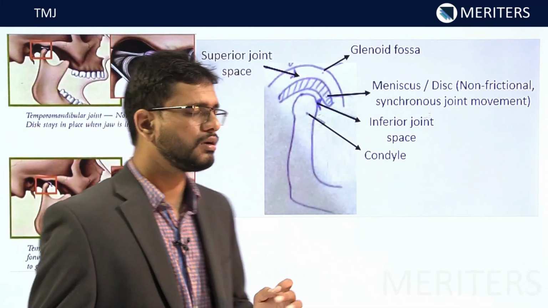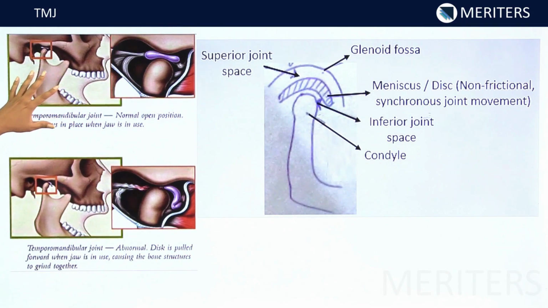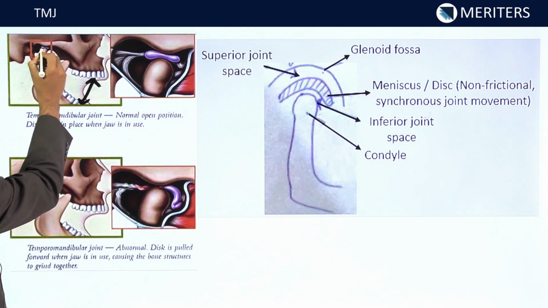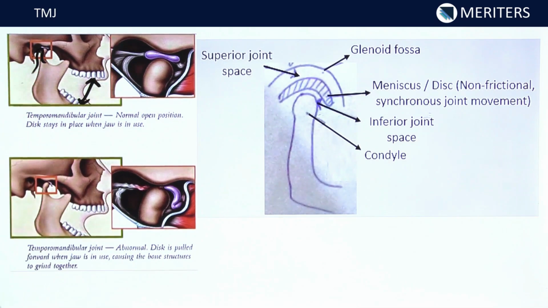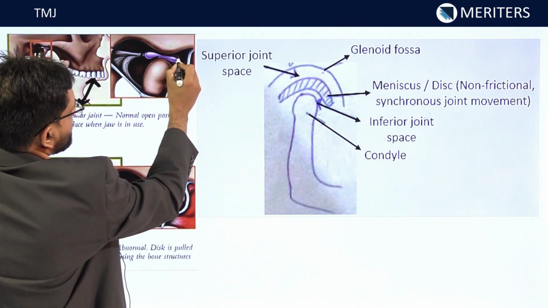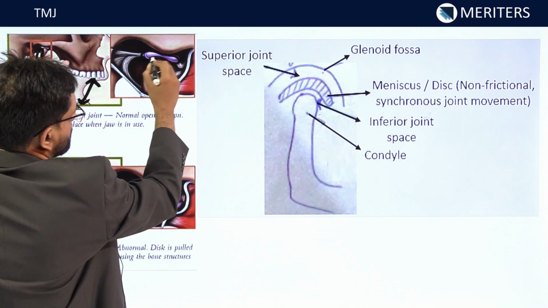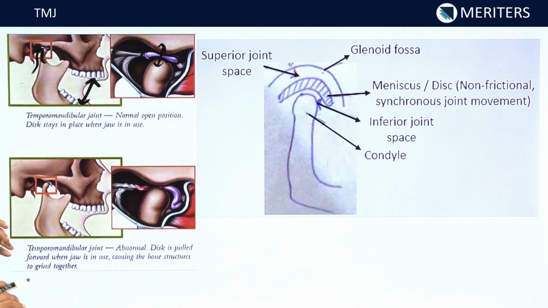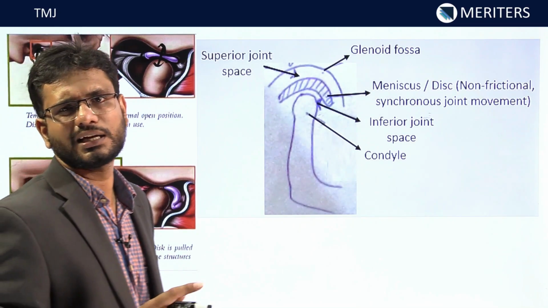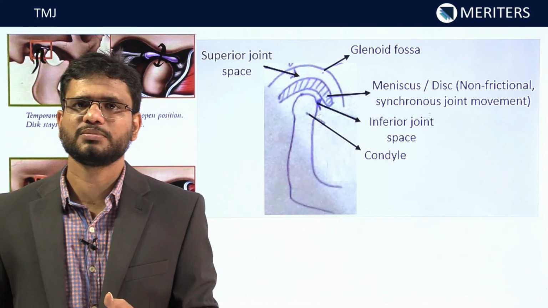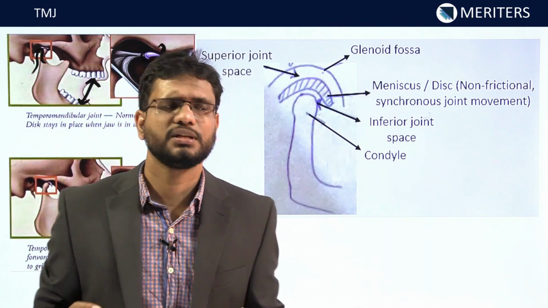If we see the diagram here, we can appreciate when the mouth opens, the normal position of the condyle should be here, and the middle portion of the meniscus, or you can say the disc, should be in contact with the condyle. We can appreciate it here. Now sometimes when pathologies are there and there is a problem with the disc, as I have told, there is anterior displacement of the disc without reduction and with reduction, right?